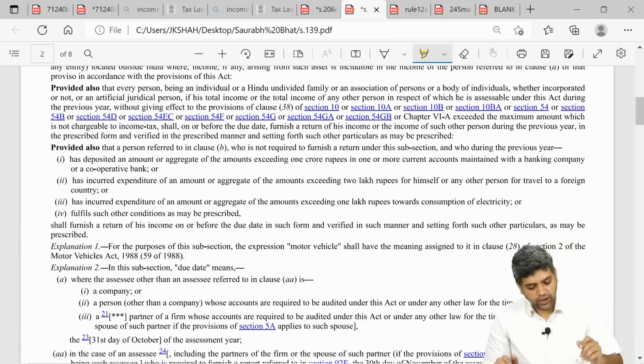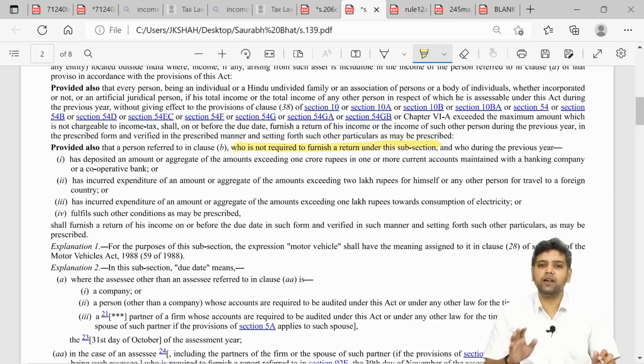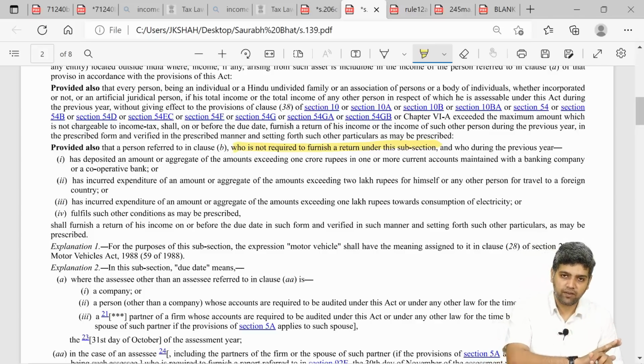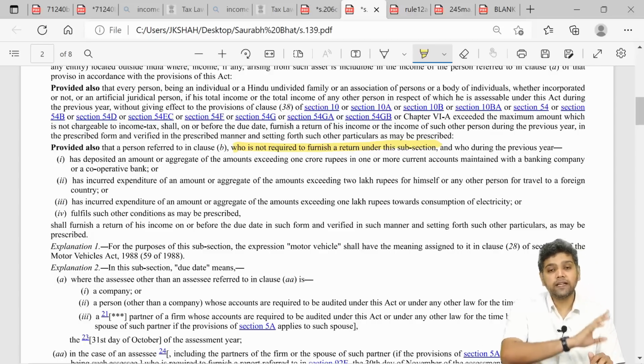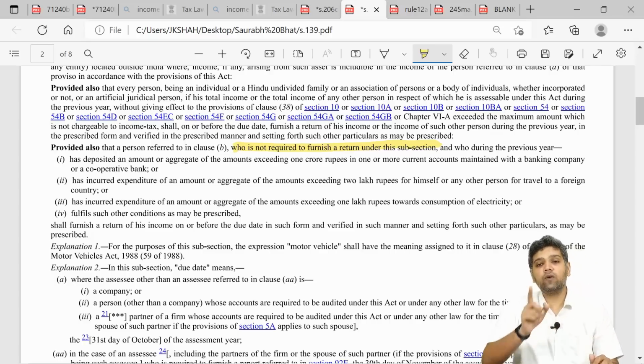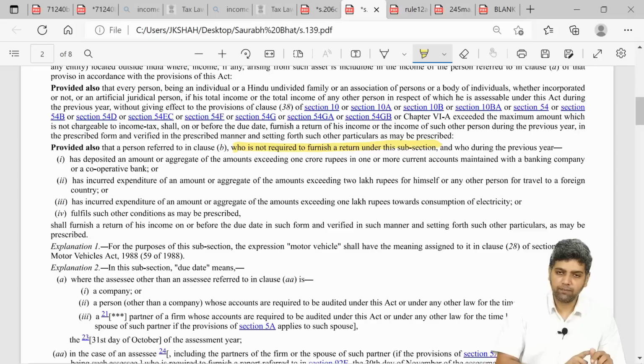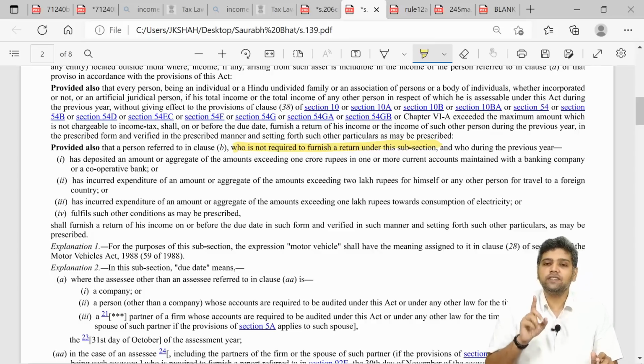In this 7th proviso, government says that doesn't matter, even if you are not required to furnish return under 139(1) because your income does not exceed basic exemption limit, but still we will require you, we will urge you, we will direct you to please furnish a return of income provided you satisfy any one out of the 4 conditions.